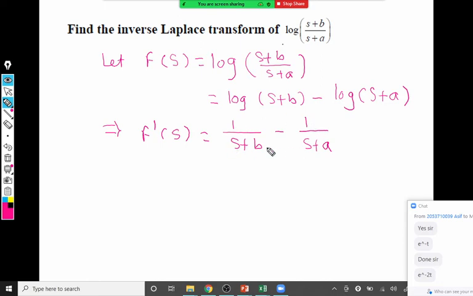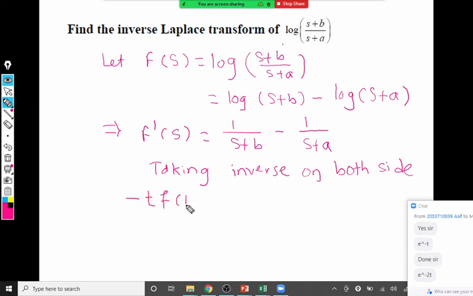Now can we take the L inverse of the RHS? Yes, it is in standard form. Previously we couldn't, because of that we took f dash s. Now, taking L inverse on both sides. Anyone, what is L inverse of f dash s?